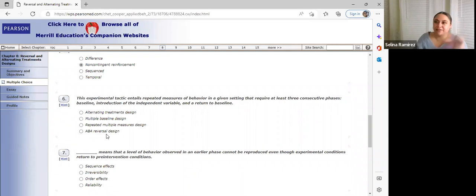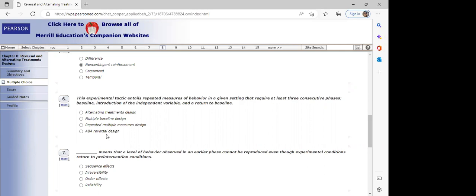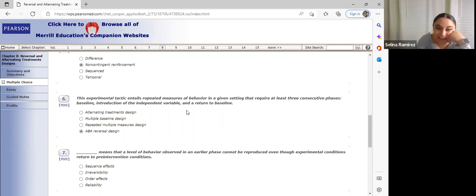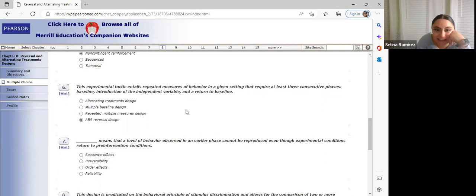Okay, so we have baseline, so we know that's an A. And then independent variable B, return to baseline is an A. So it's an ABA. Okay, so what is an ABA? D. Okay, see, you guys, we know this. We don't have to look at the answers.